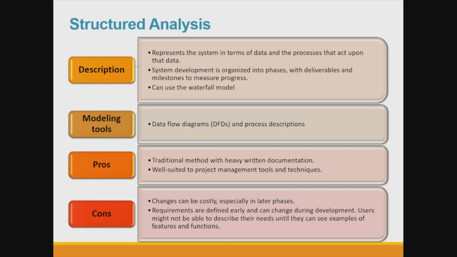So in each piece of the development part, we set the activities, the objective, and the output of each piece. So for example here, we can use the waterfall model because it's a structured analysis.